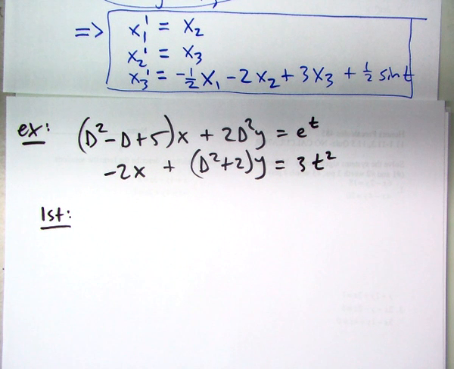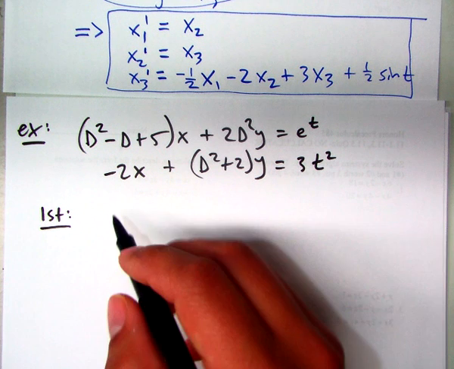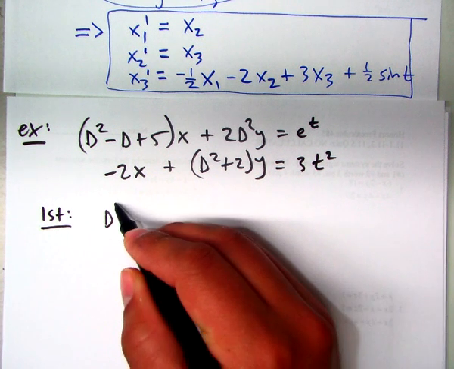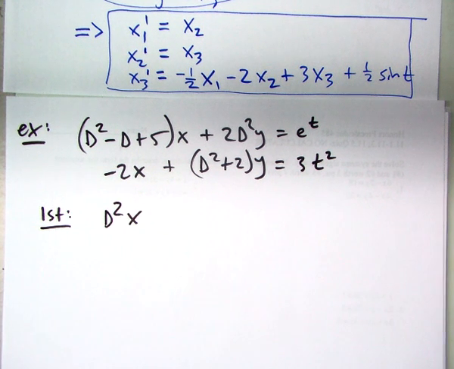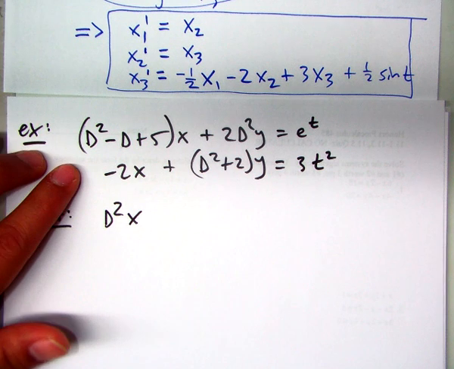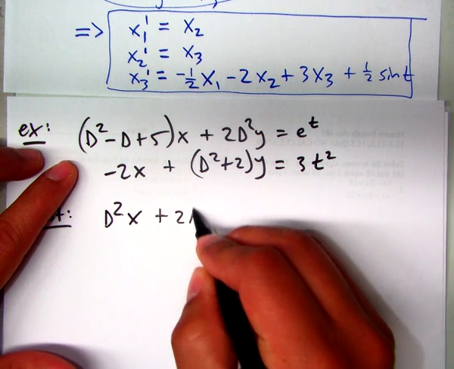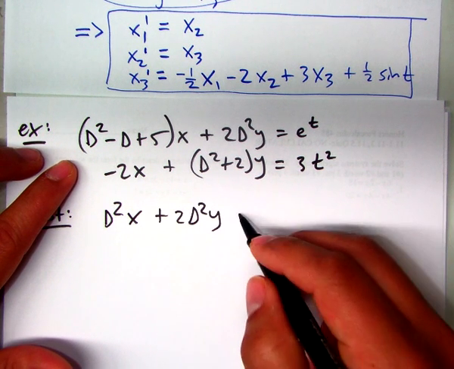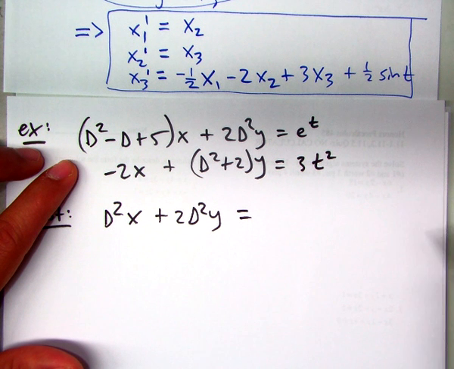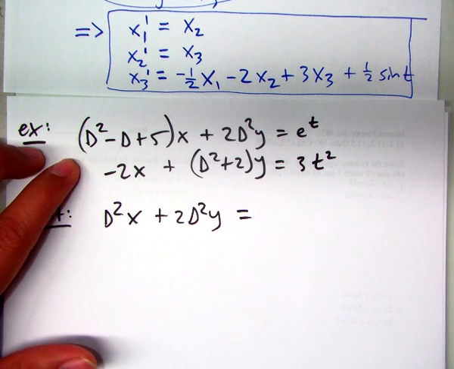We're going to isolate the highest order derivatives. So I'm going to get D²x from the first equation, and I'll leave the 2D²y on the left, and I'll get everything else on the right. So I'm isolating the second order derivatives and getting everything else on the right.